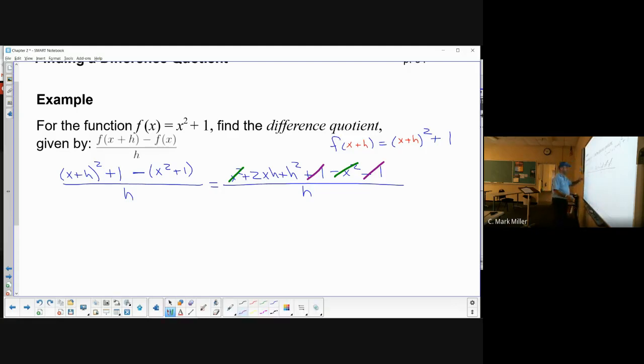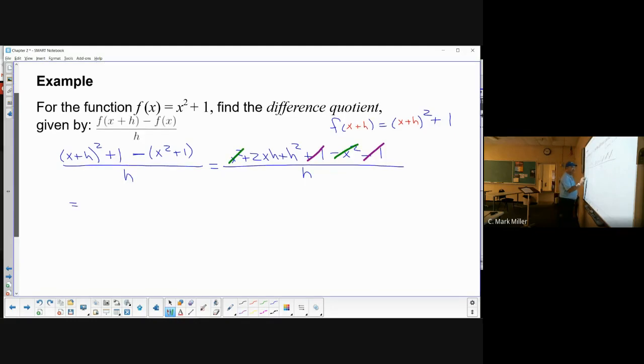So this is going to give us what in the top? 2xh plus h squared divided by h. Well, I'm not done because the numerator has an h on both terms. So I can factor that off.